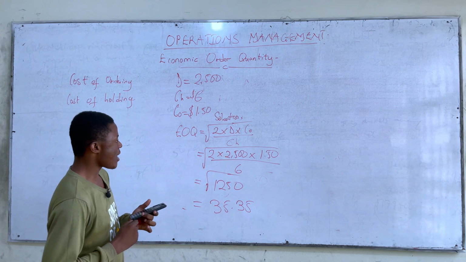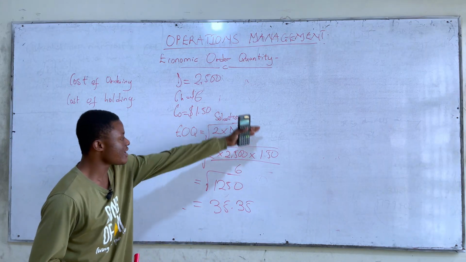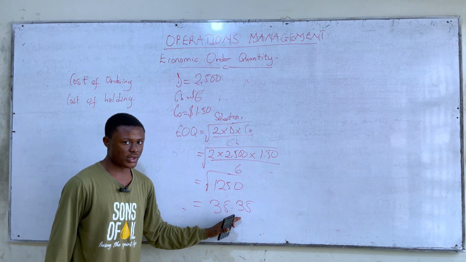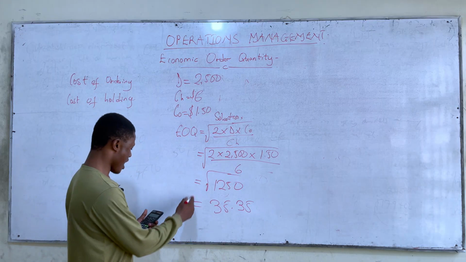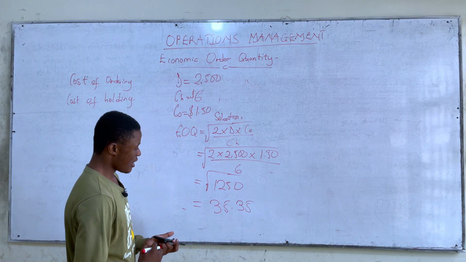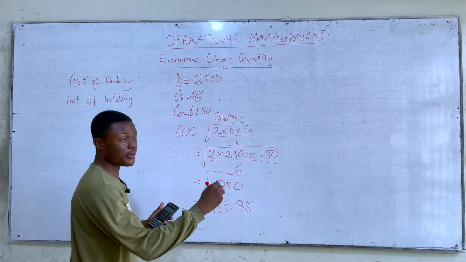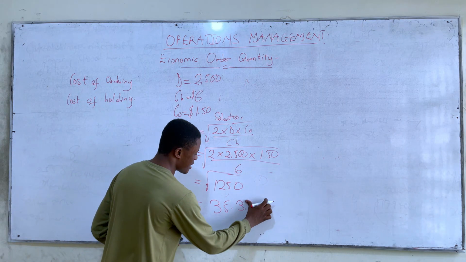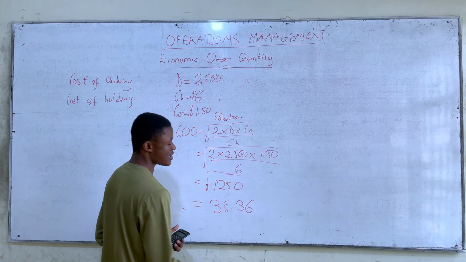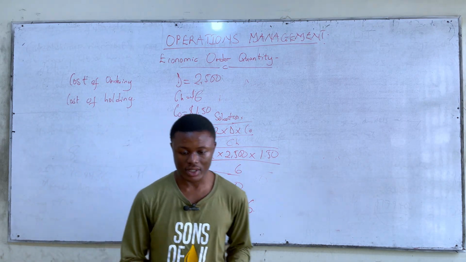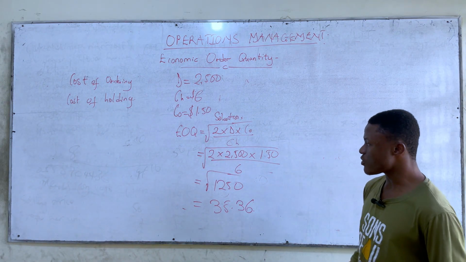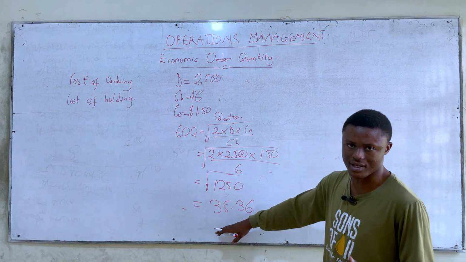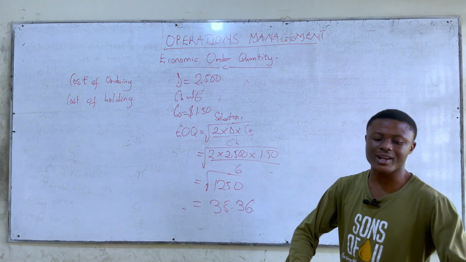So this is our economic order quantity. Are we good? So here, that is our Q. But it was first 35.355. You get it? So making it two decimal places, you are supposed to get 35.36. Are we good? Great. So here, if you have been able to find our economic order quantity, what do we have to look for in the next?